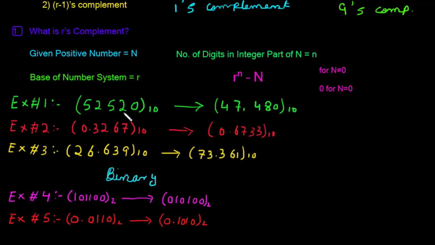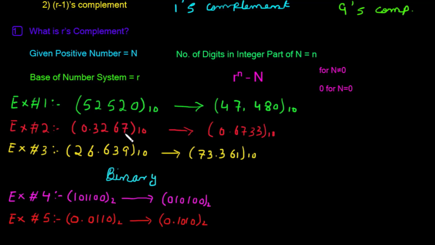Then subtract the first non-zero least significant digit from 10, and when this number is subtracted from 10, it will give us 8, and then subtract all the higher significant digits from 9. So I repeat, you have to leave the least significant zeros unchanged, subtract the first non-zero digit from 10, and then all the higher significant digits must be subtracted from 9.